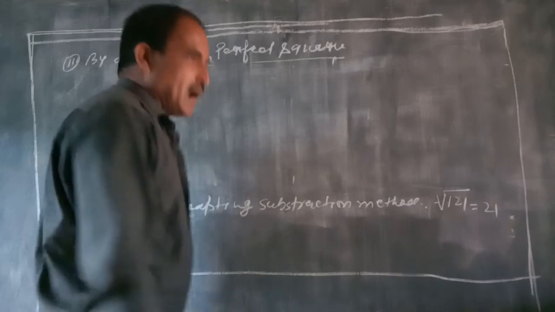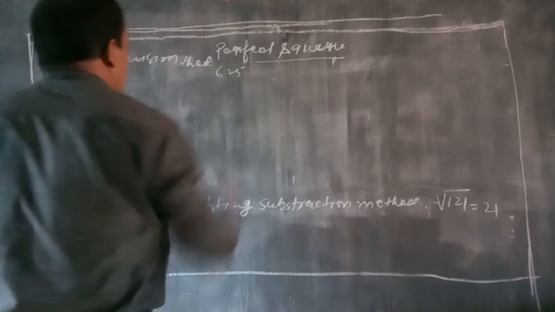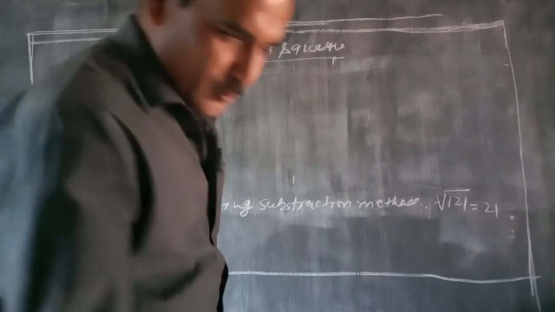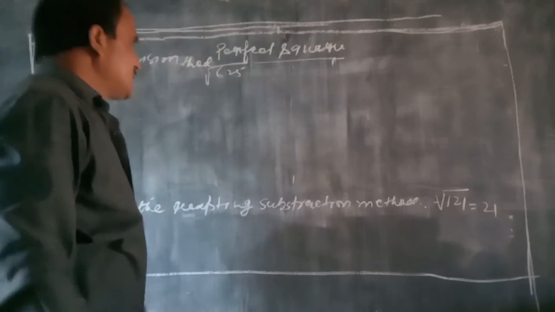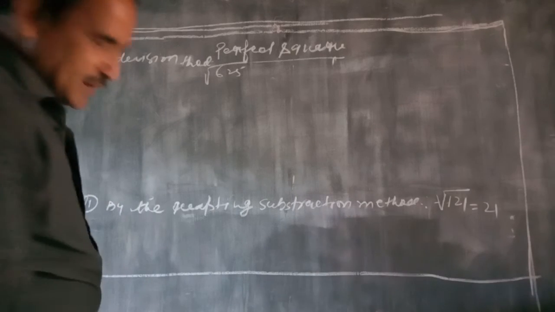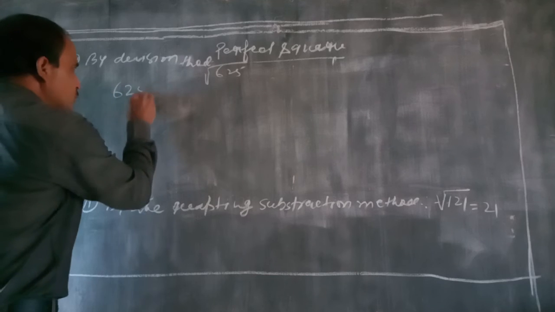Now I am going to find the square root of 625 by the division method. First you have to write 6 2 5.